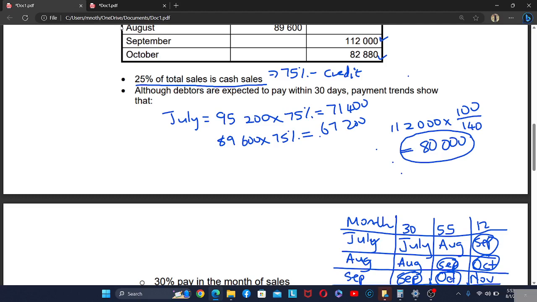So this means that the business will pay the creditors for this trading stock, 80,000 multiplied by 50%, that is equal to 40,000.